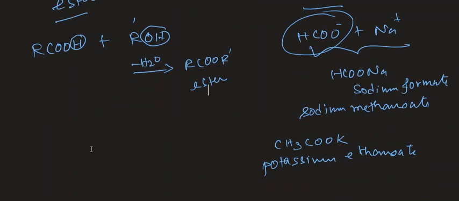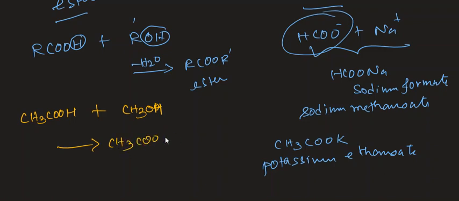For instance, let me take CH3COOH, acetic acid or ethanoic acid, and CH3OH, which is methanol. You are able to get CH3COOCH3 plus water. So this is methyl ethanoate.